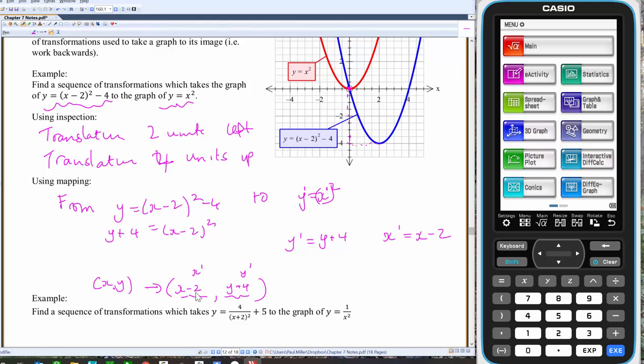And now what we would do is read this mapping as the transformations that occur to take these original points here to the images. So we're going to say that this mapping says translation 2 units left, and this one here is a translation 4 units up.